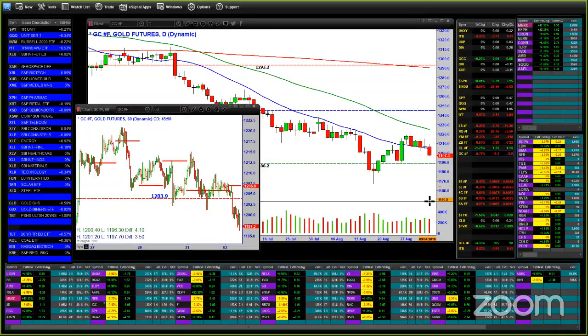But right now, it's trending down. It's had this retracement off of this low here, but we just have no interest there in these gold stocks at this moment.